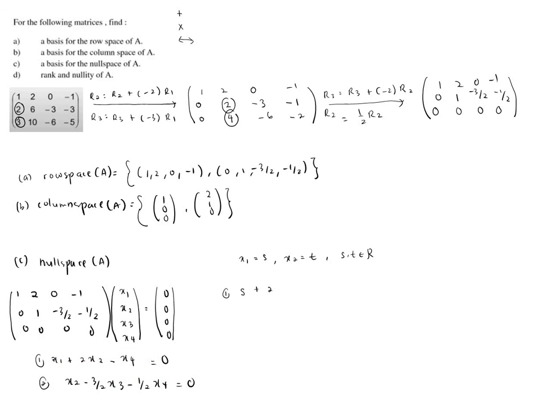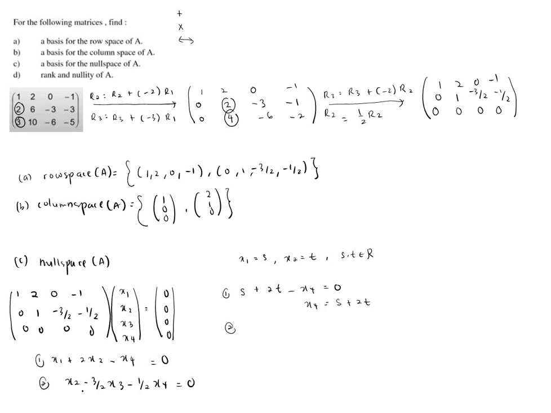Okay, again, X1 sekarang adalah S, 2X2. X2 is T, so 2T minus X4 equal 0. So, pindahkan X4. X4 will equal to S plus 2T. Okay, we get this from the first equation.